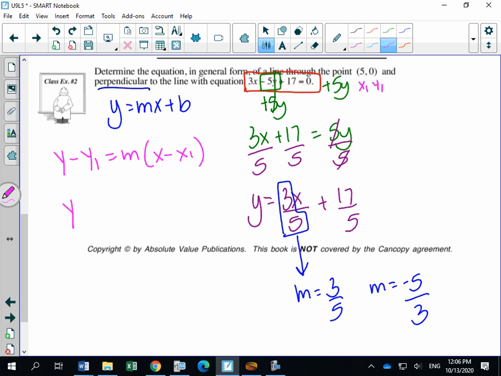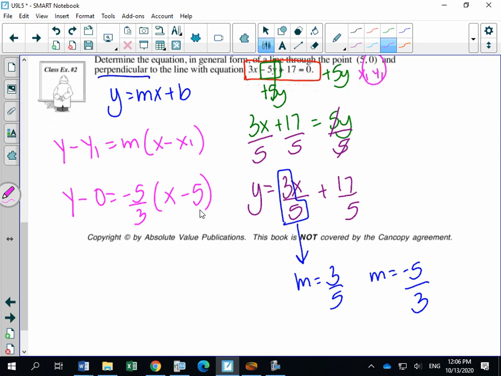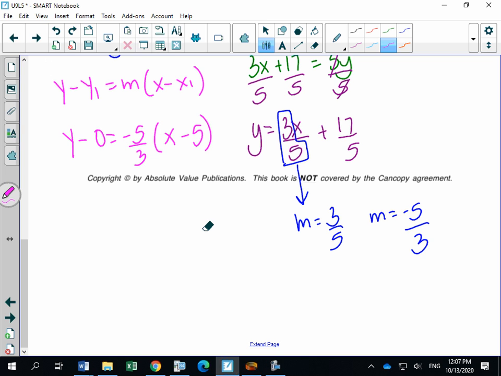Okay, so y minus, I'm going to put the 0 for now and I'll get rid of it after, y minus 0 is equal to the slope, negative 5 over 3, x minus 5. Yeah, so if you're given a slope and a point, put it into slope point form is one easy way. Y minus 0 is the same thing as just saying y is equal to. And then we're going to distribute this.